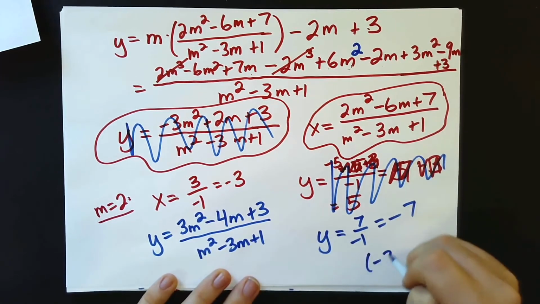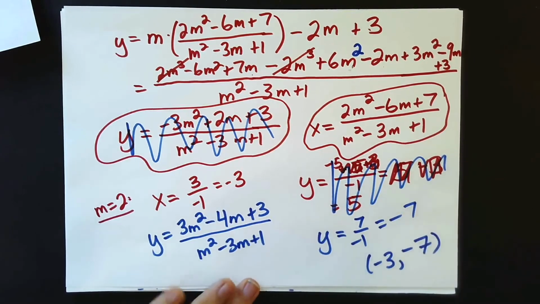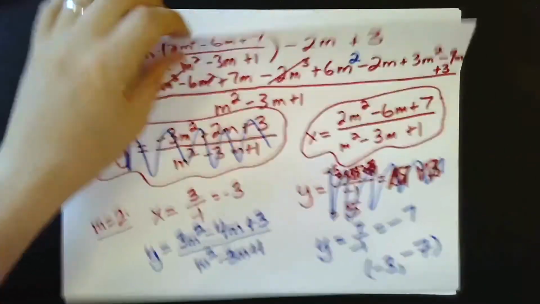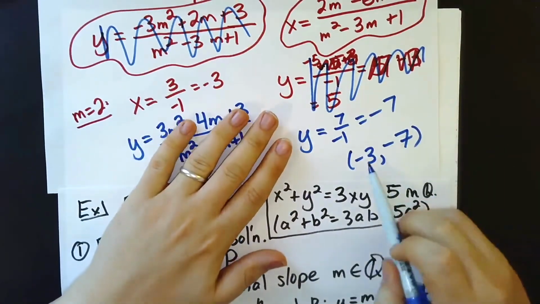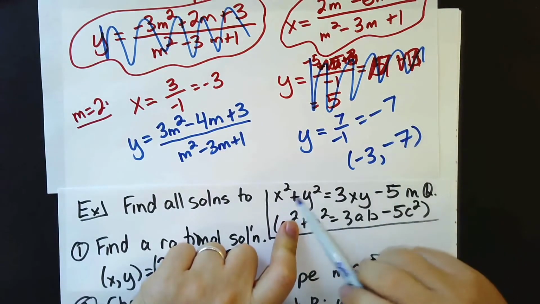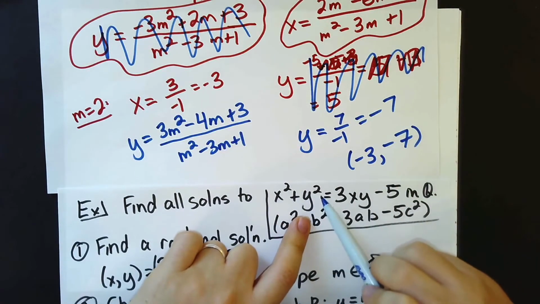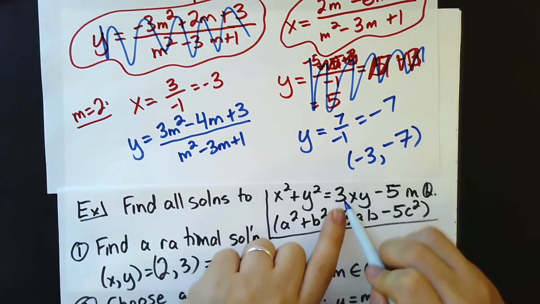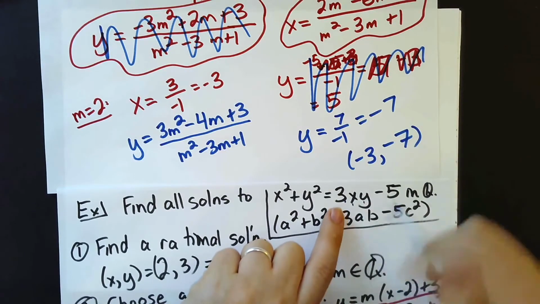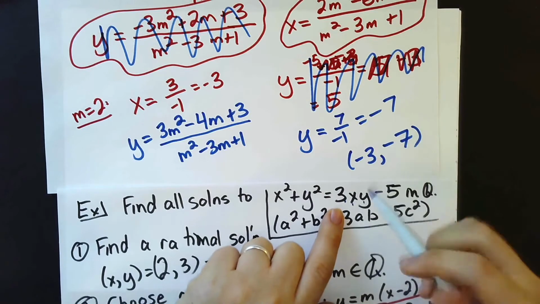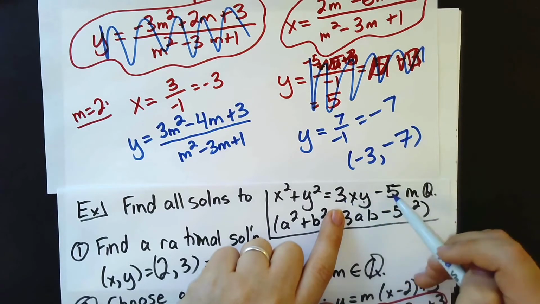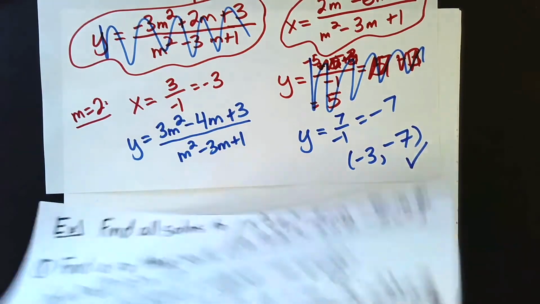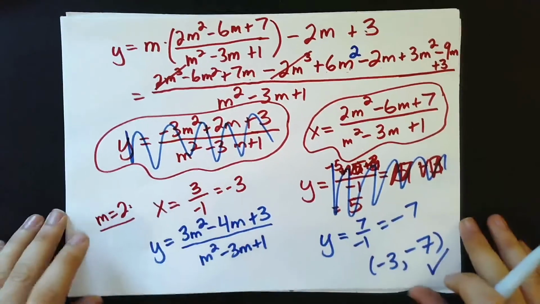And if I check minus 3 minus 7 back into our original equation that we were looking at when we started this, see that minus 3 and minus 7 square to 9 and 49, so the sum here is 58, whereas 3 times minus 7 would be 63 minus 5 is 58. And so once you do the algebra correctly, you in fact get this solution.